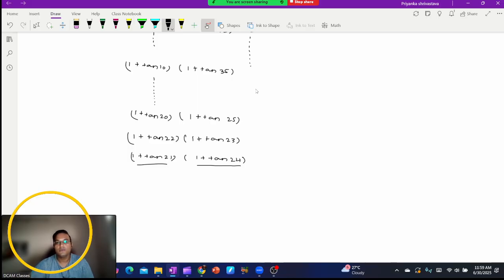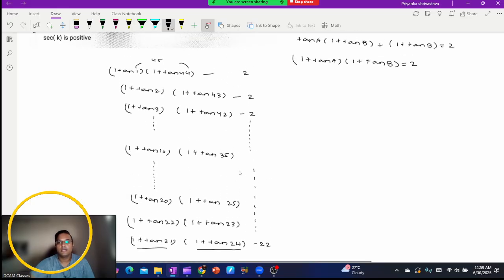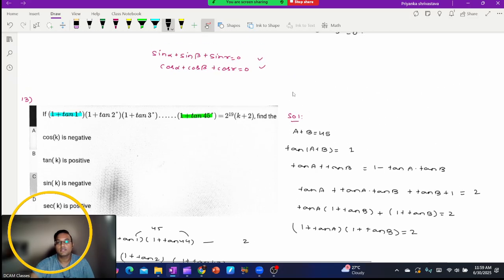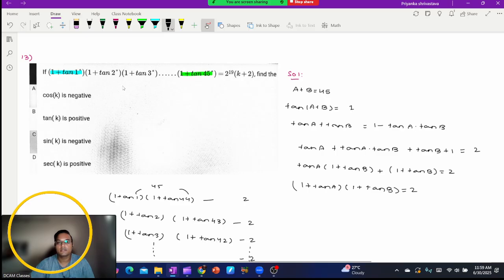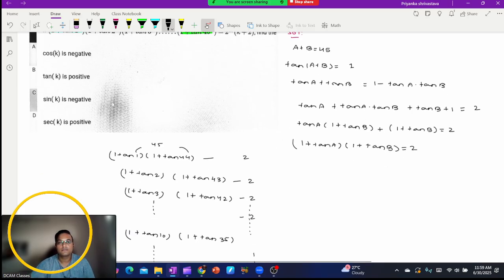I'll move up to 22 terms. So how many times will I multiply 2? 22 times. So the value of this is 2 power 22. 2 power 22 into 1 plus tan 45.